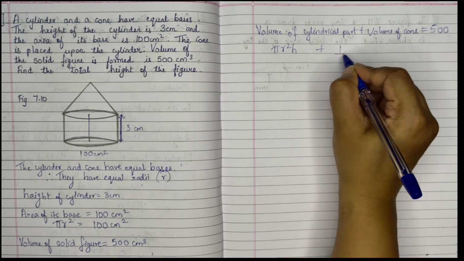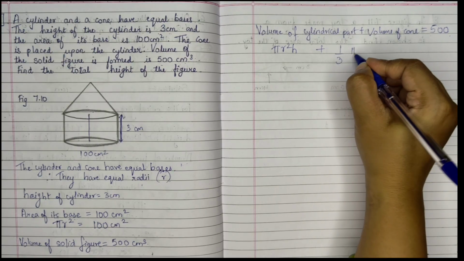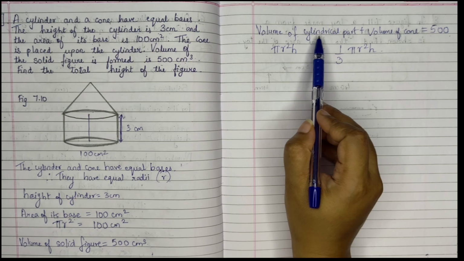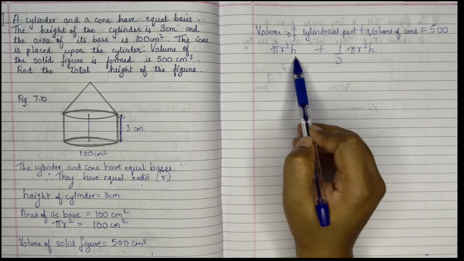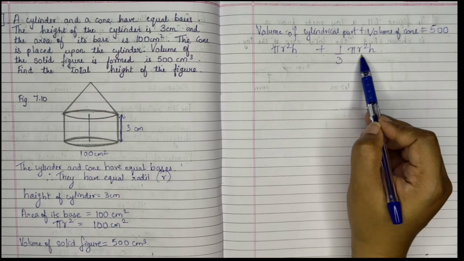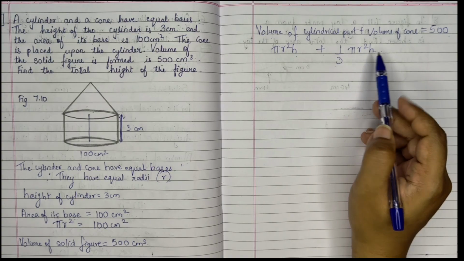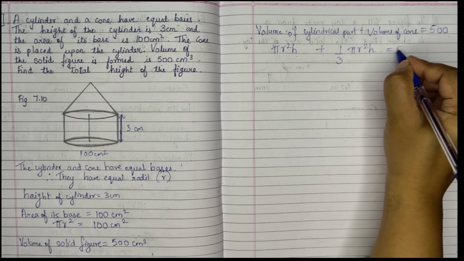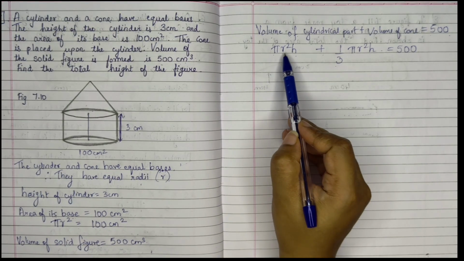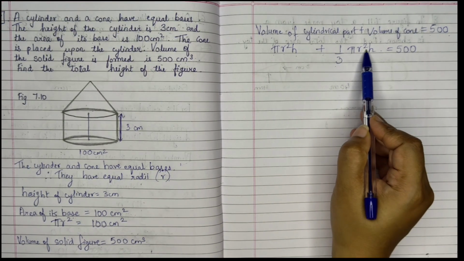Volume of cone will be 1 upon 3 pi r square h. Okay, is equal to 500. Now see here, we have pi r square here, we have pi r square here.